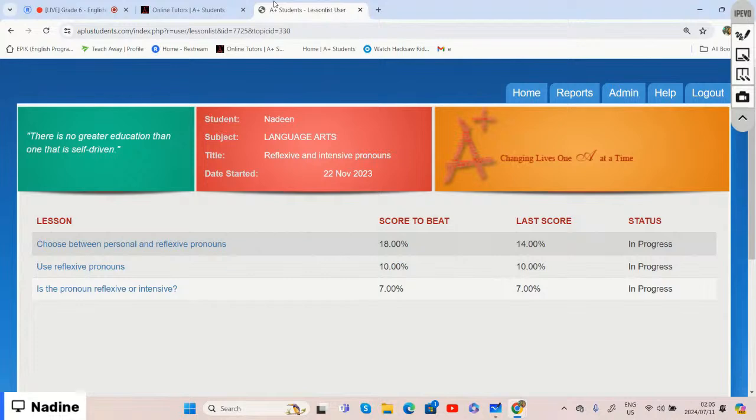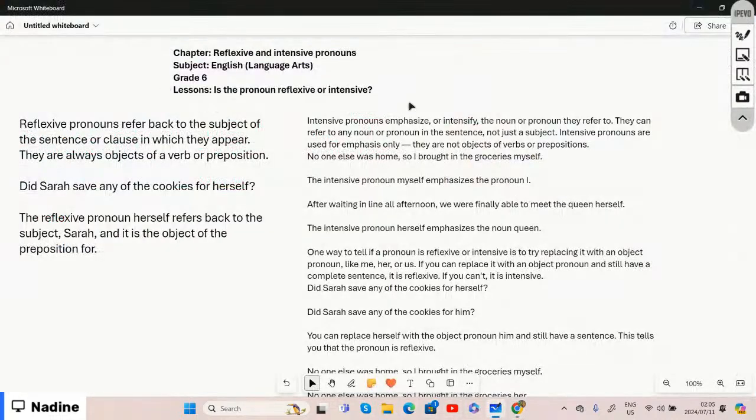All right, so our chapter is reflexive and intensive pronouns. Our subject is English Language Arts, grade 6. The lesson we are going to focus on today is "Is the pronoun reflexive or intensive?"